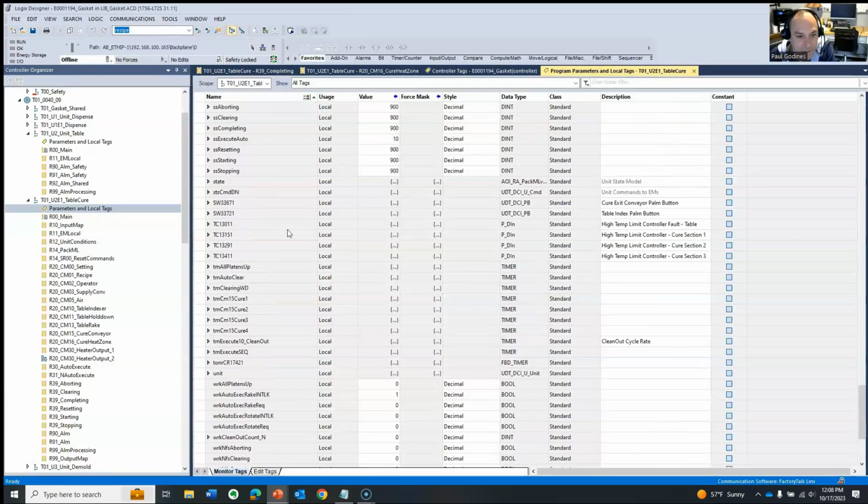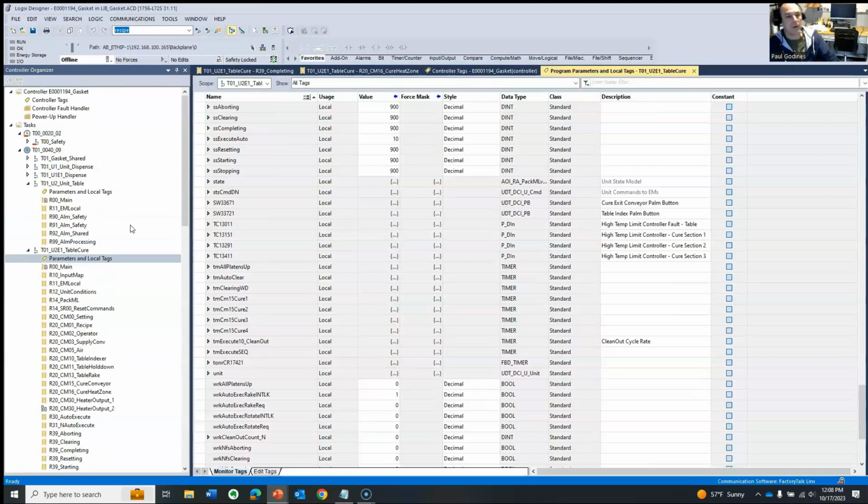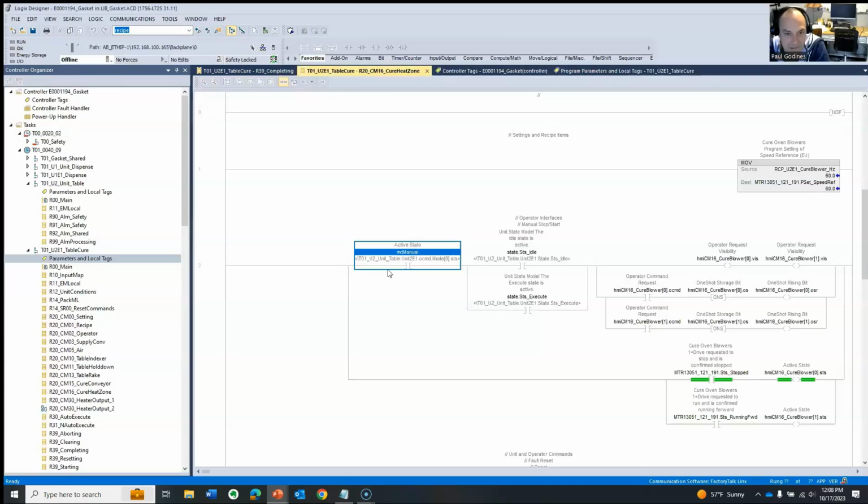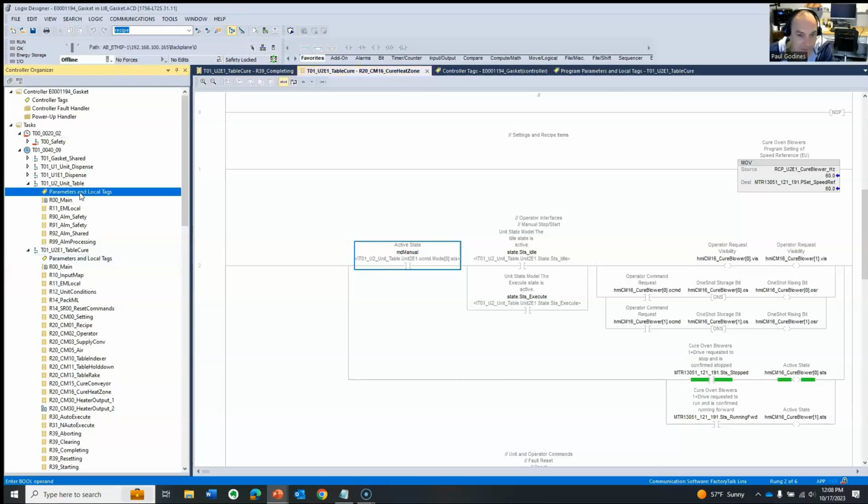We do not have that tag there. You say, okay, well, what does that mean? It means essentially that this tag, that backward slash, is telling you to find this tag, you need to go to this routine, unit table, right? So we can find that tag in unit table.